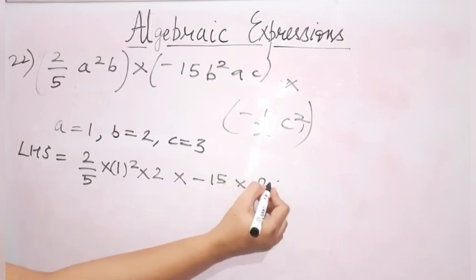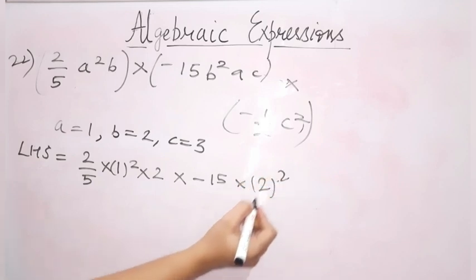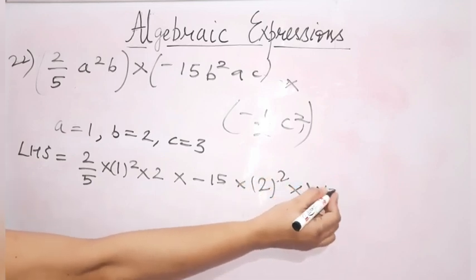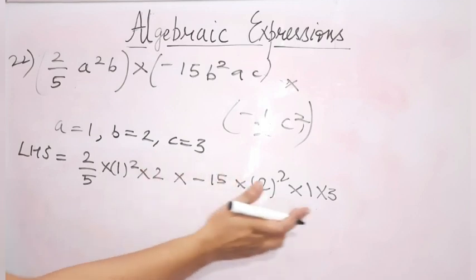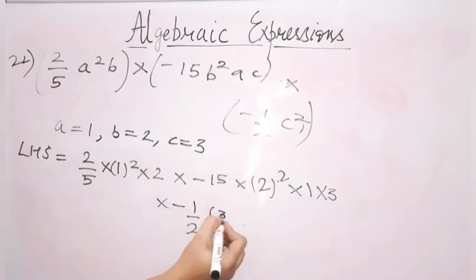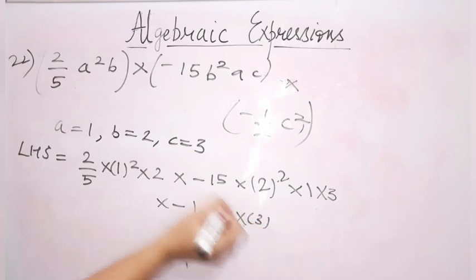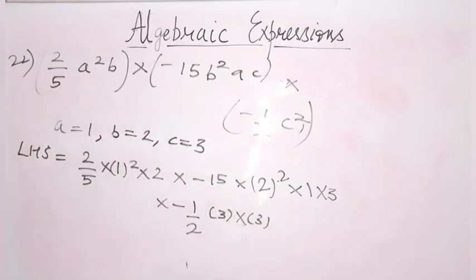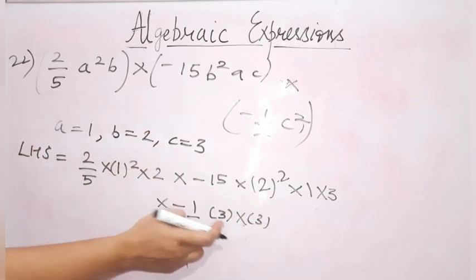Since it is 2 square, so I am writing 2 to the power of 2. 1 multiplied by 3 because the value of C is 3. Coming to this one, minus 1 by 2, 3 multiplied by 3 since it is 3 square. Okay, C square. So I have placed the value of C.